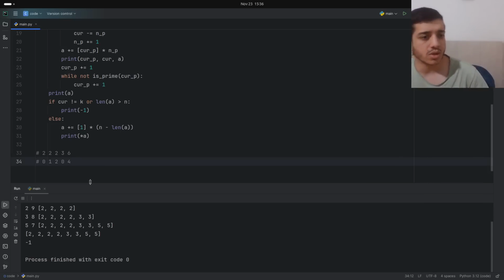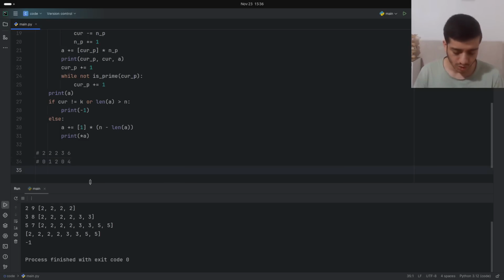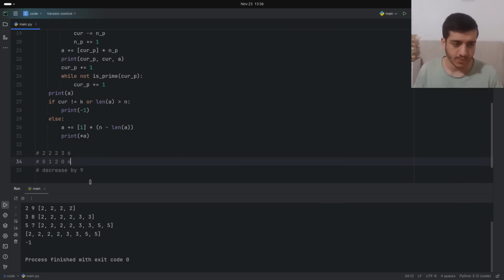You understand what I'm talking about? So our goal was to reach a score of 7 from a score of 15. So we need to decrease by 9. And now we decreased by 7.